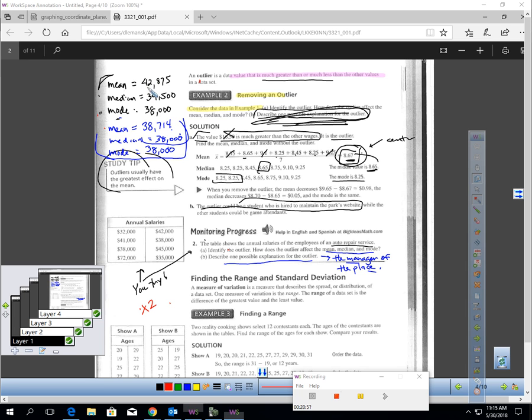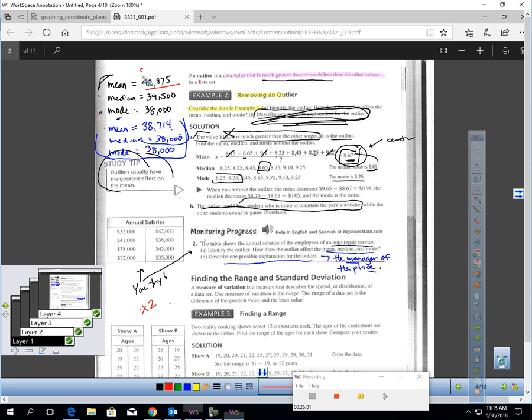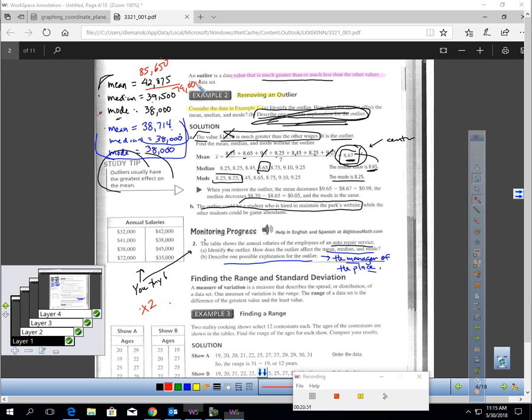Well, that's going to double my mean. So instead of 42,875, it's going to be double that, which would be 85,650, I think. I'm doing it off the top of my head. My median will double. That would turn into 79,000. And my mode would double to 76,000.